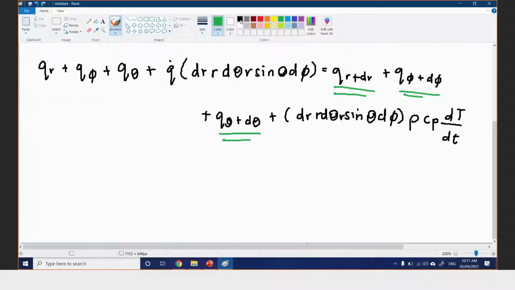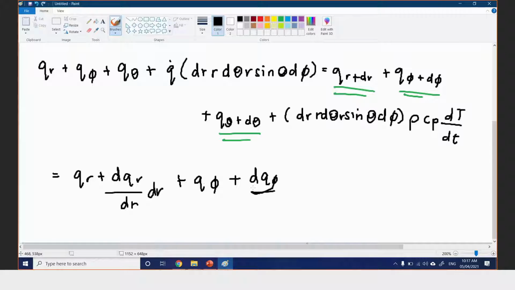So the right side of the equation becomes Q_r plus dQ_r/dr times dr, plus Q_phi plus dQ_phi divided by d_phi times d_phi, plus Q_theta plus dQ_theta divided by d_theta times d_theta.